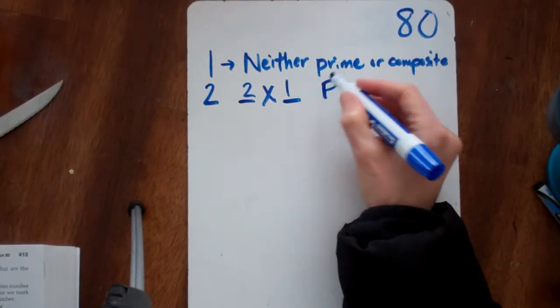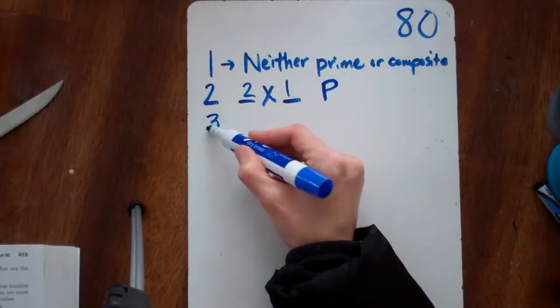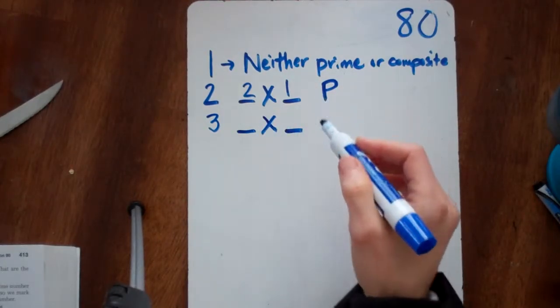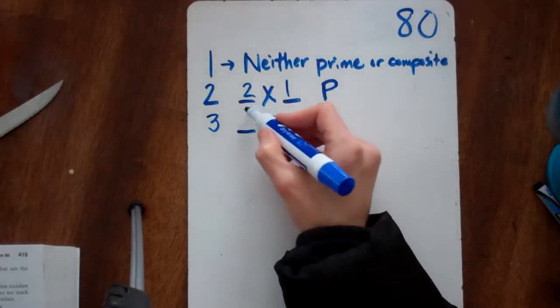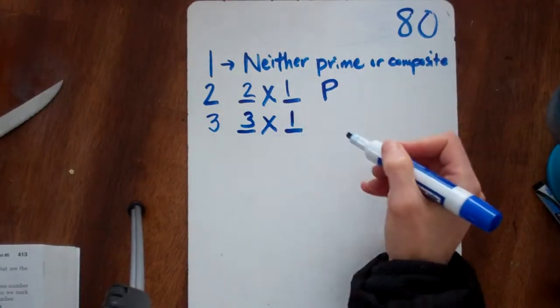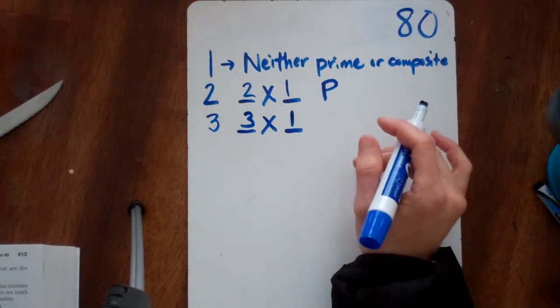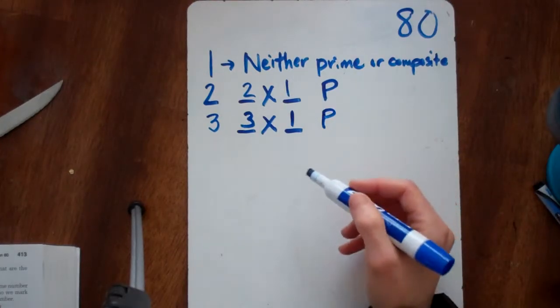It is a prime number. I'm going to put a P right there for prime. Alright, let's look at the number 3. Okay? What factors go into 3? What times what? Well, hopefully you thought of 3 times 1. Okay? And that is actually the only ones that will go into 3. So guess what? It is a prime number as well.